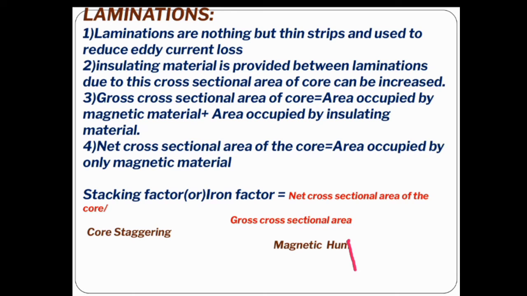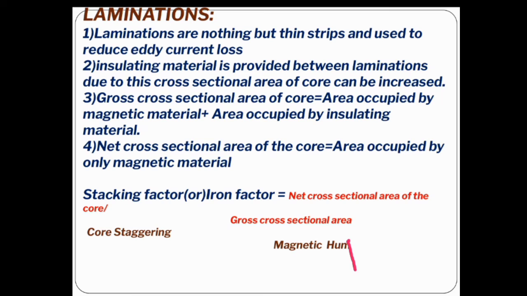Due to this insulating material, the total cross sectional area of the core can be increased. If we neglect the insulating material and consider only the laminations, the cross sectional area has some value; if we consider the insulating material also, the cross sectional area definitely increases.